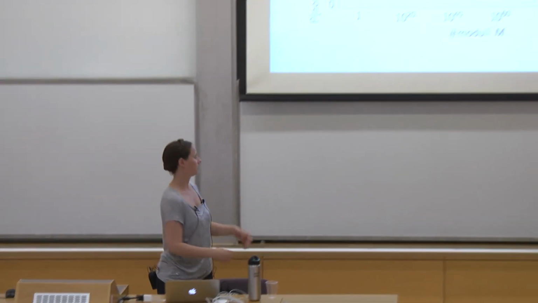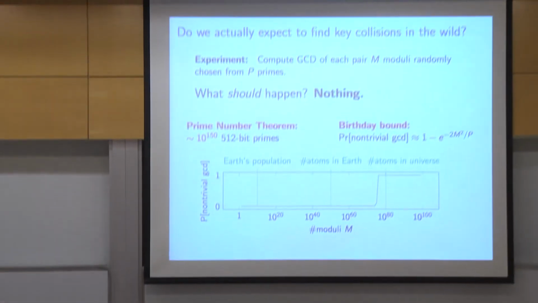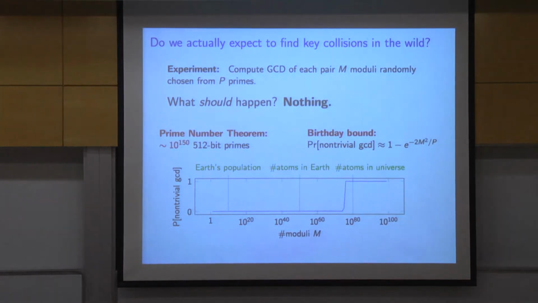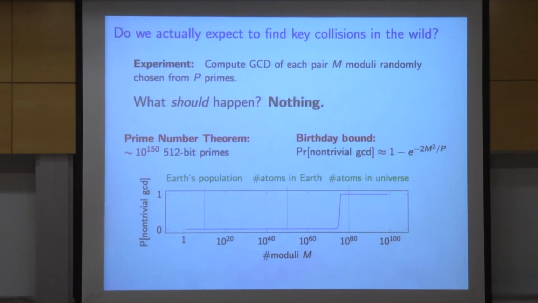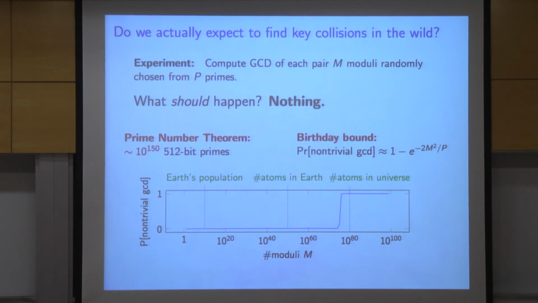We know how to do this analysis. The prime number theorem tells us how many 512-bit primes there are in the universe. It's essentially 2 to the 512 over log of 2 to the 512, with some constants in there. The number is approximately 10 to the 150. Then we're asking essentially for a birthday bound analysis. We have m moduli, each modulus has 2 primes.